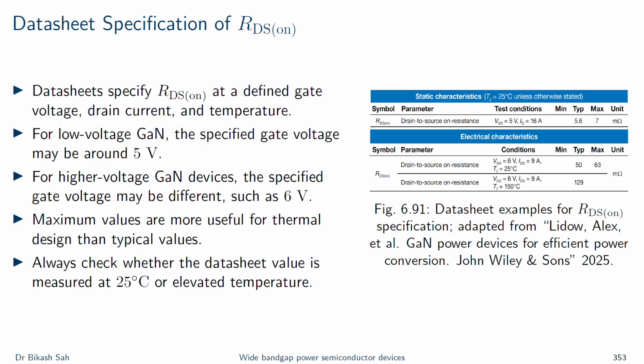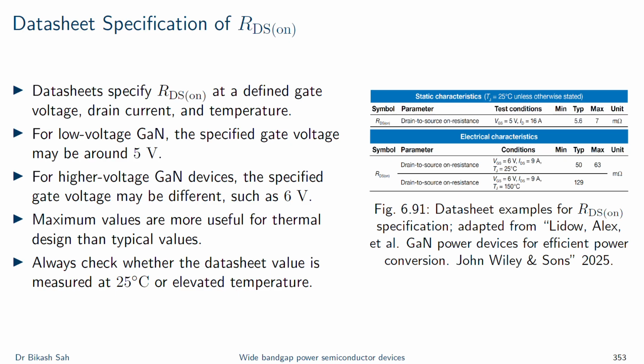Now let's try to understand the datasheet specification. The datasheet specifies RDS(on) under certain defined conditions. That's what we have already learned. So that would be a certain gate voltage, drain current, and temperature. At low voltage, GaN devices may specify RDS(on) at 5 volt gate drive, while at higher voltage they may define it at 6 volts.